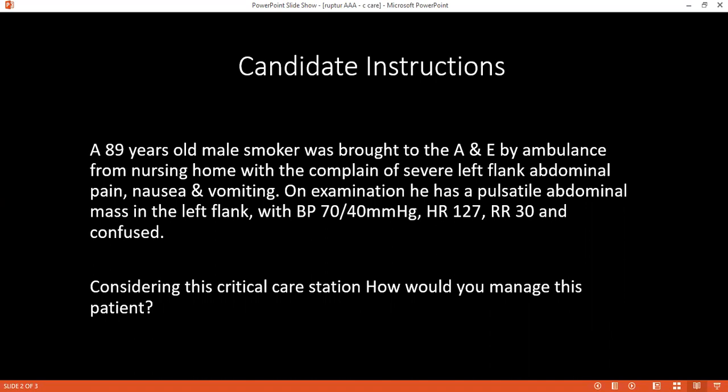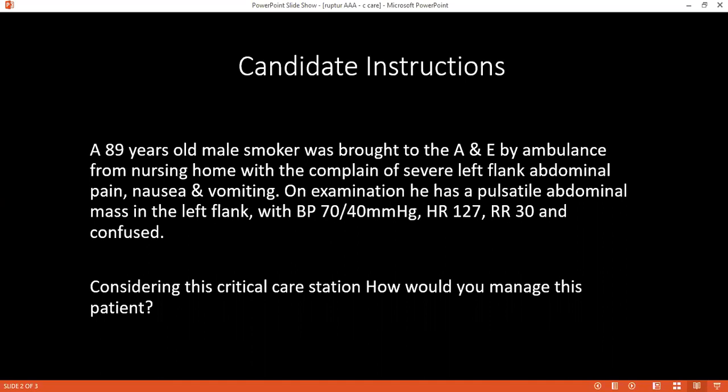Okay, considering these surgical managements, what are the immediate post-op complications that you can expect? Due to massive blood transfusion, hemorrhagic shock may develop, then multi-organ failure.